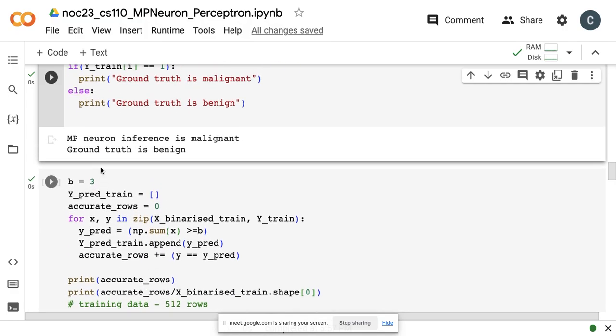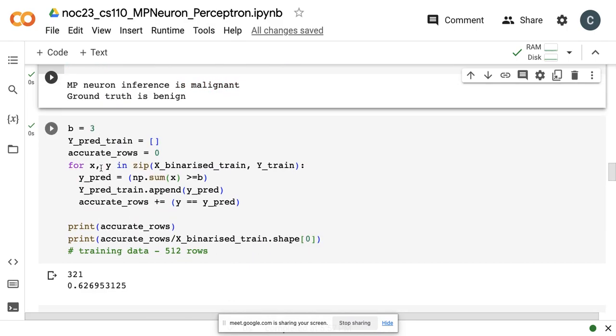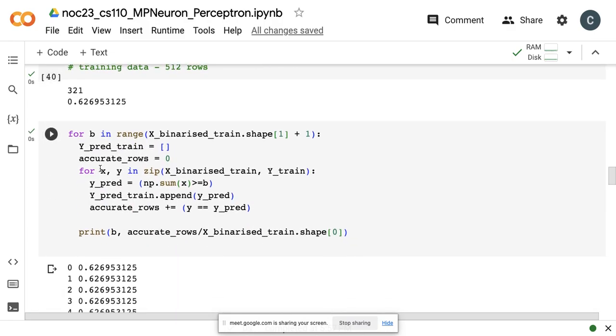Now, if you have seen the theory lecture, randomly selecting a threshold is not useful. We need to find an actual better threshold value which can work for the majority of the points. To do that in MP neuron, all we can do is a brute force approach, that is, for each and every threshold we need to find the accuracy.